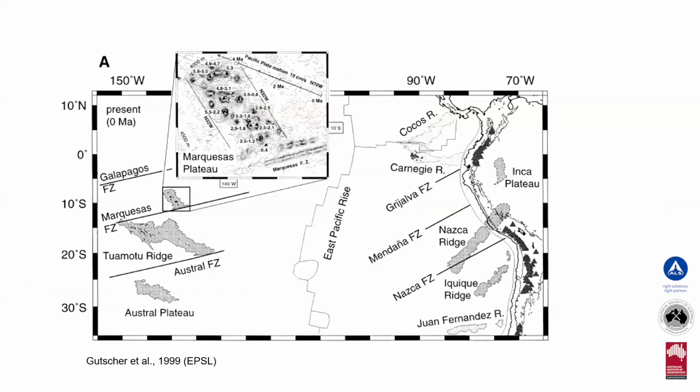And actually, when we do that, we can see that there's also the Austral Plateau here, which has a brother that got completely subducted in the Andes. So sorry, the Marquesas Plateau, and the Austral Plateau is this one, the Iquique Ridge. So we can do the same exercise for all of them.